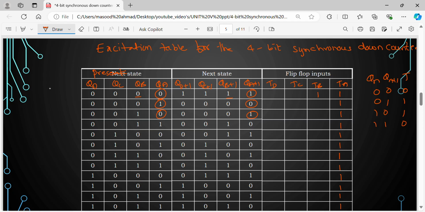This is the excitation table for the T flip-flop, because we are using T flip-flops. If you look at this 0 and this is also 0, so 0. Whereas this is 1 and this is 0, so this is 1. And this is 1 and this is 1, so it is 0. Now this is 0 and this is 1, so it is 1.